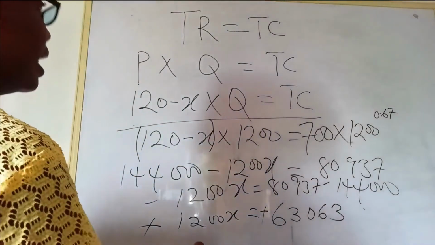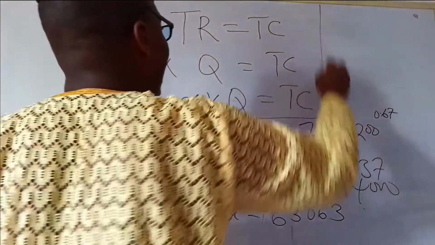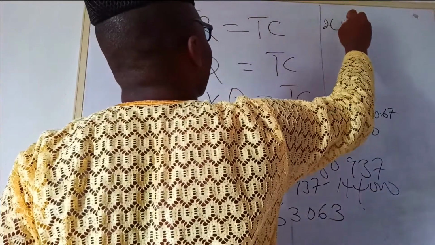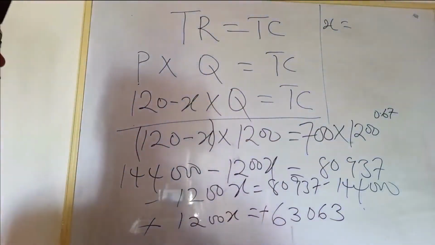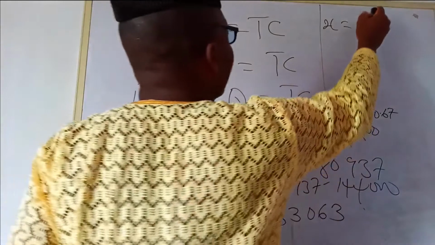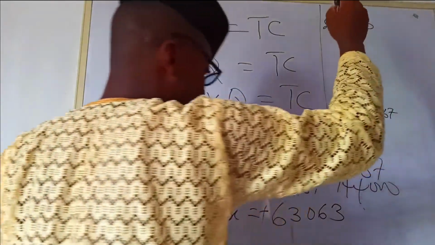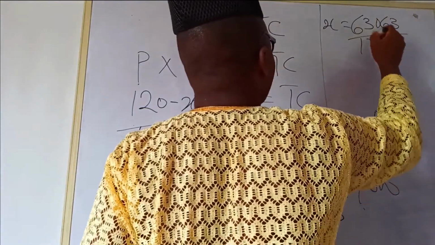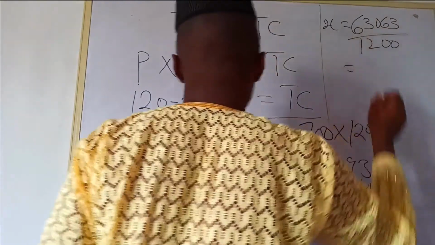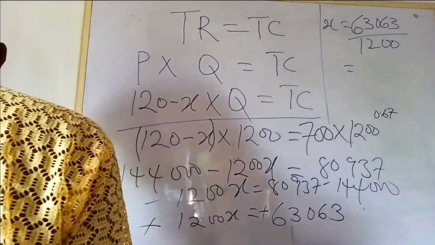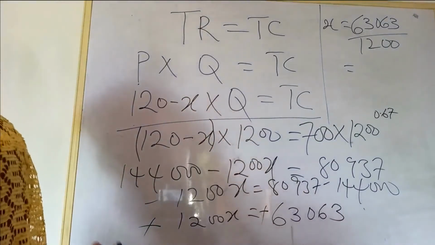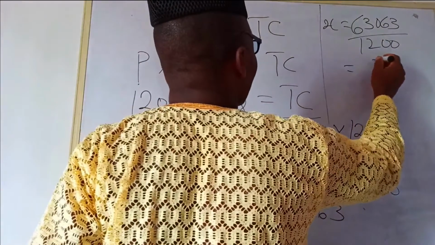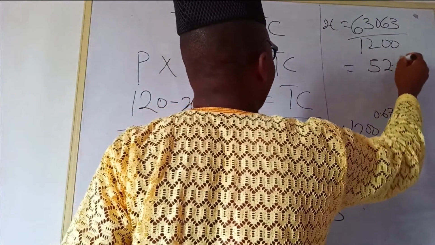You have x equals 63063 divided by 1,200. This will give you the value of 52.55.